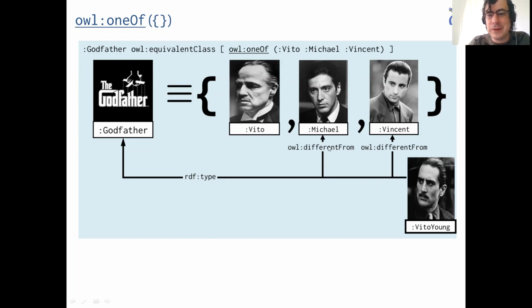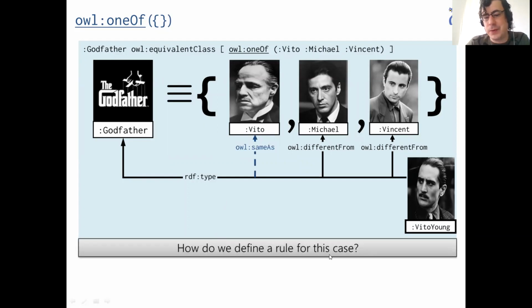If we know that Vito Young is one of these, and we know that he's not Michael and he's not Vincent, then we must know that he's Vito. And this is a perfectly valid inference, a perfectly valid entailment that we should expect to get from these OWL definitions. However, trying to define a rule for this case is very challenging.